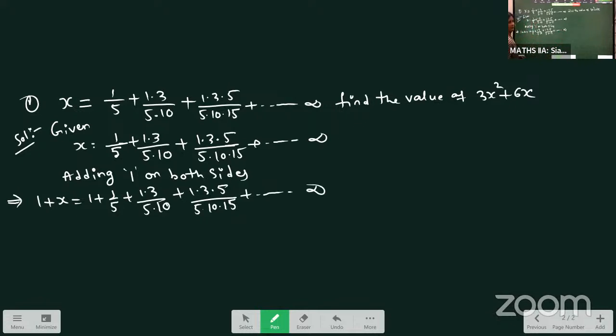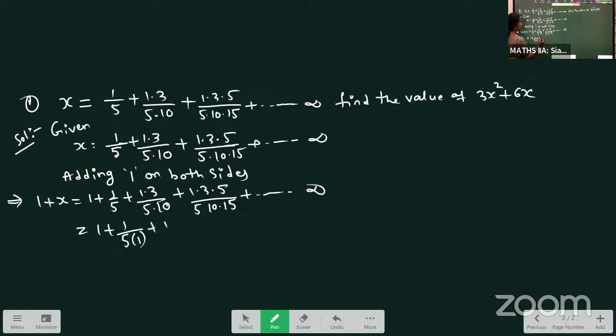One more thing we have to remember: in an infinite series, the denominator must be in factorial. If not, we have to convert into factorial. Here factorial is not there. 1 plus, the number is 5, right? 5 into 1.